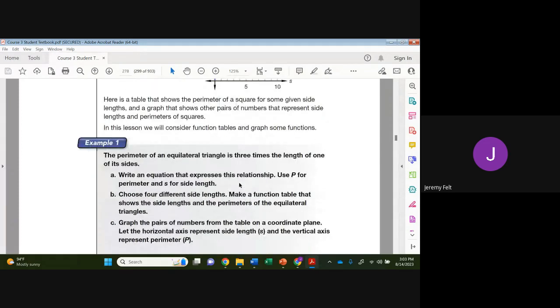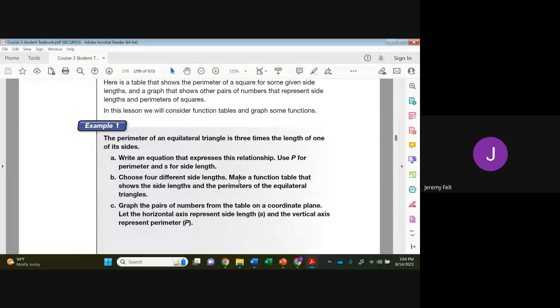So the perimeter of an equilateral triangle, where all three sides are the same, is 3 times the length of one of its sides. You write an equation using P for perimeter and S for side length. Just like 4 times S, we would use 3 times the side length equals the perimeter. So P equals 3S.